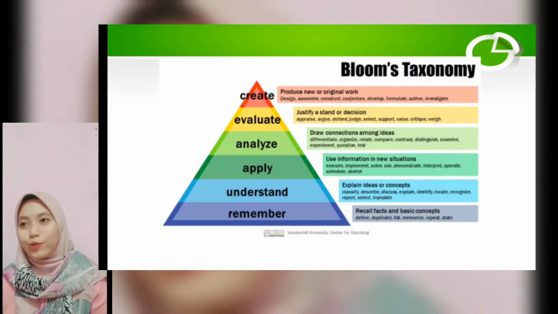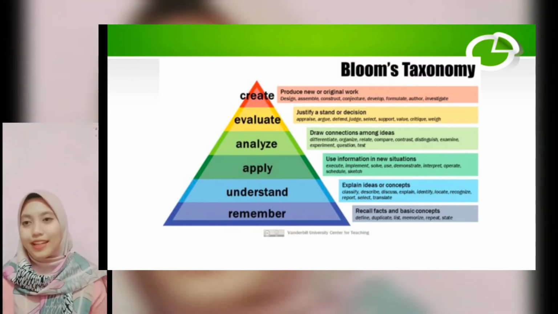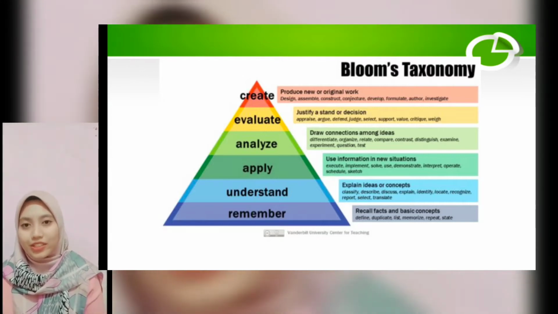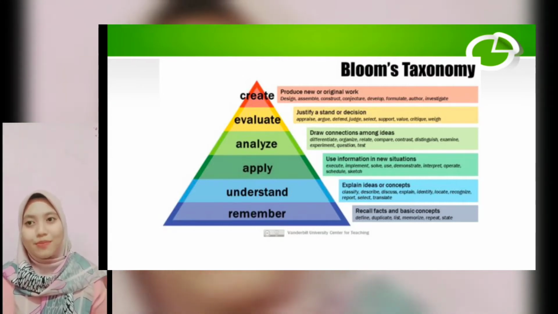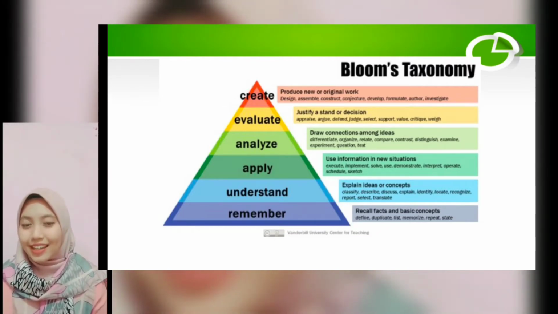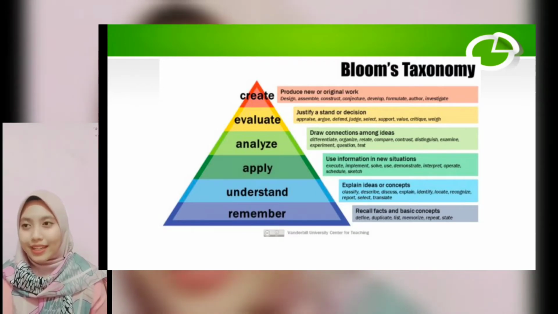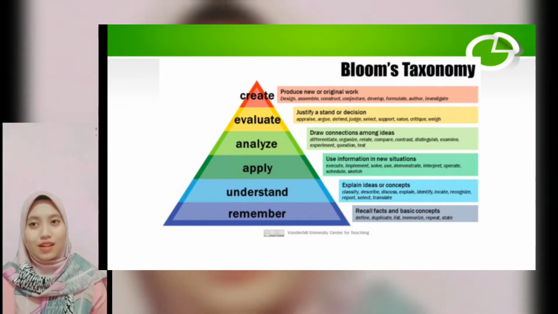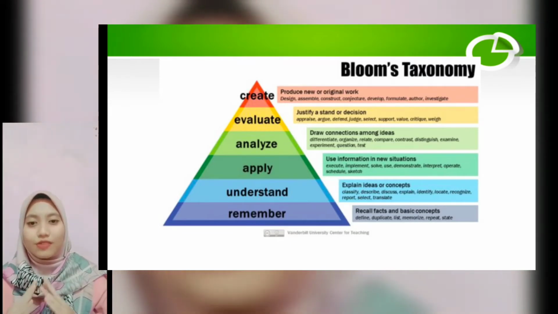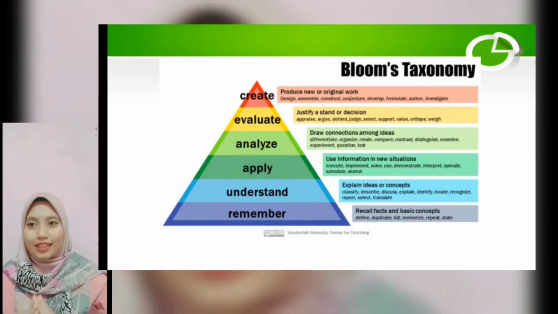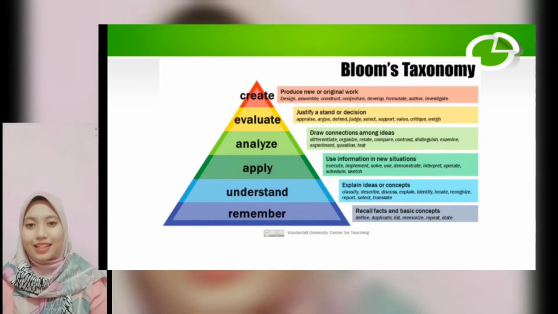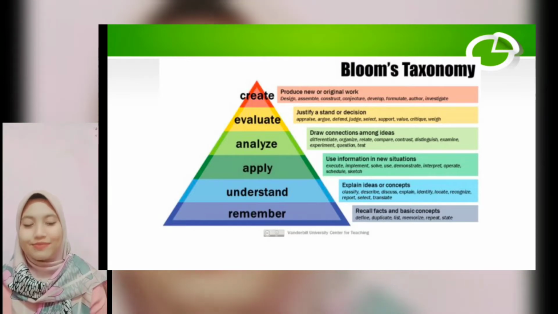So let's move to what Bloom's taxonomy theory is. It is a set of classification principles or structure, and domain simply means category. Keep in mind that Bloom's revised taxonomy is one pyramid that consists of 6 levels of the cognitive domain for students to master in their learning session.